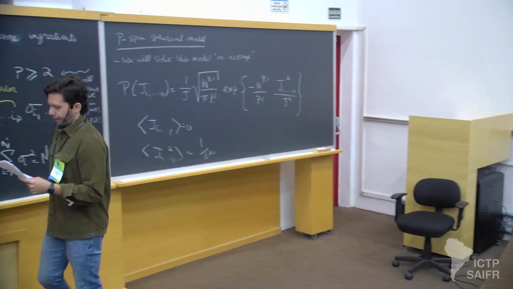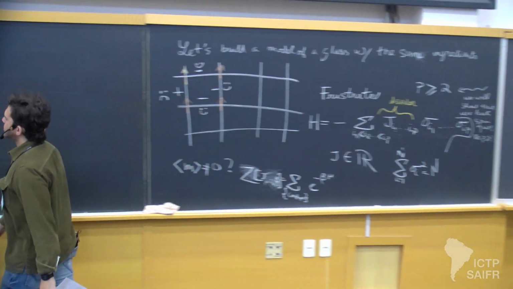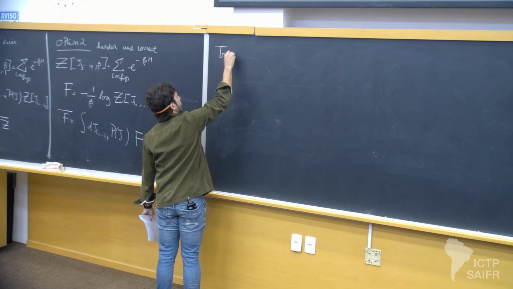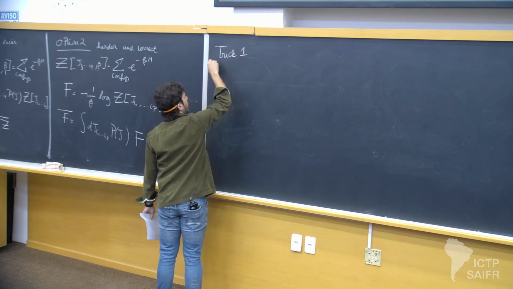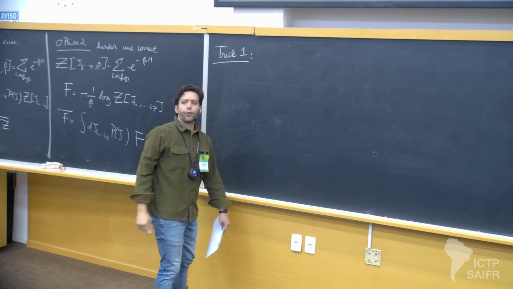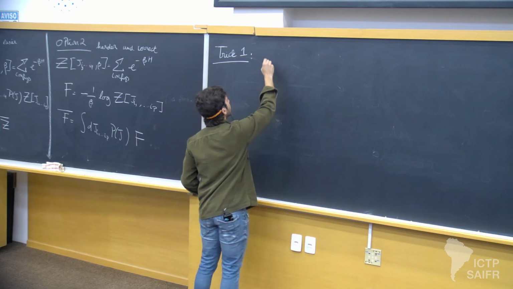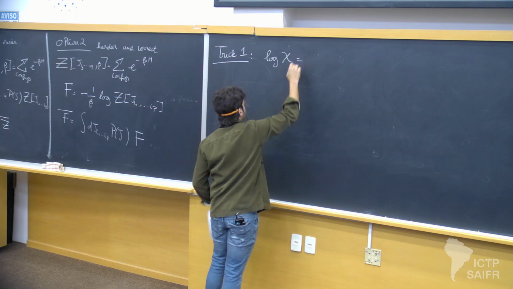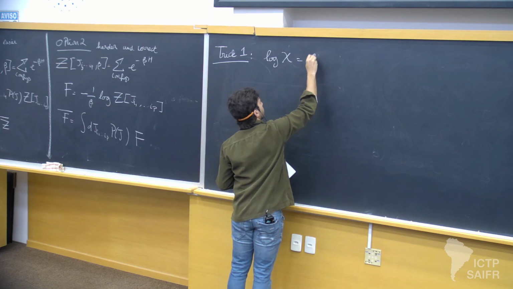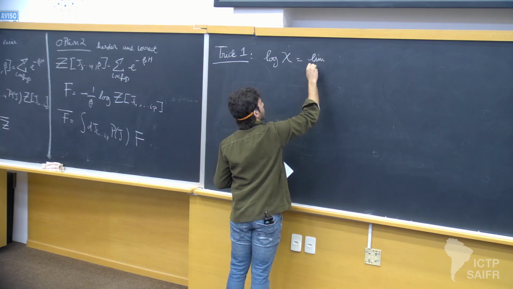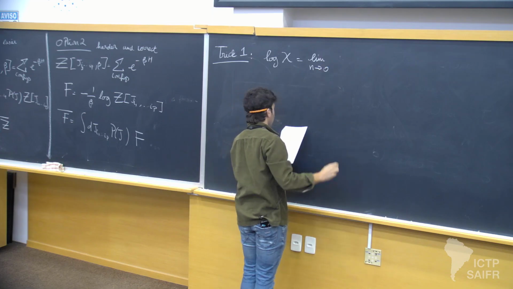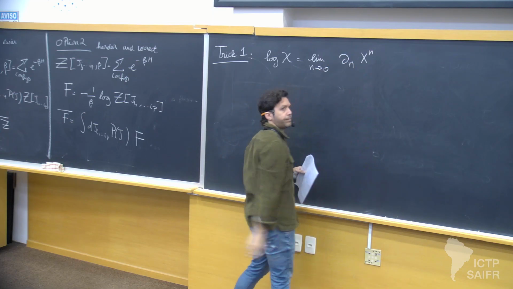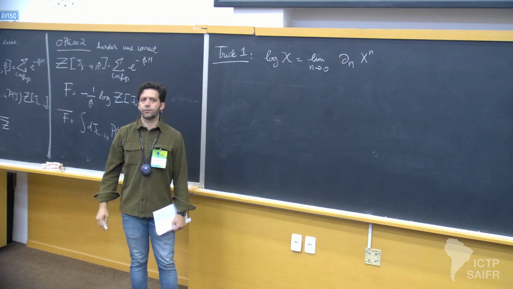Okay. So trick 1. We're going to use the following identity. We're going to use the fact that log of x can be written as the limit as n goes to 0 of d by dn of x to the n. Have you guys ever seen that before?